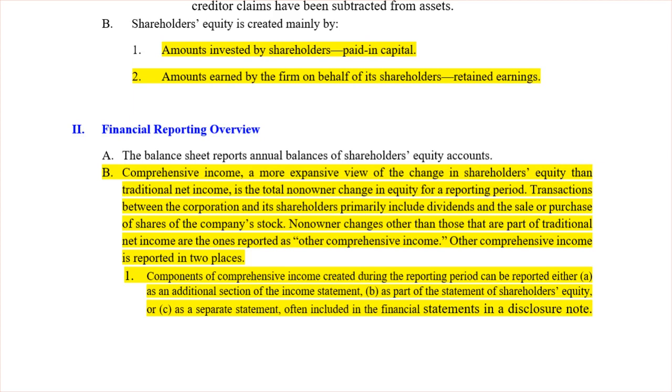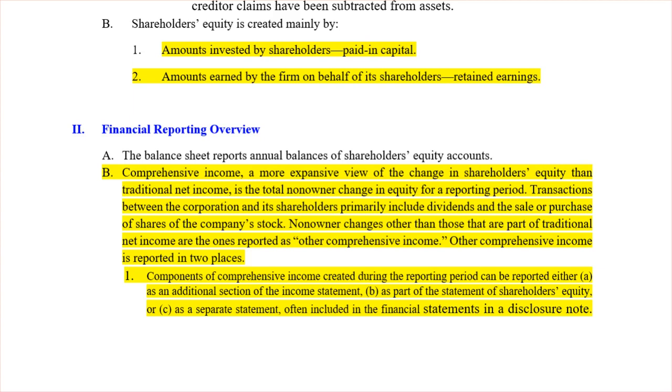The definition, though, is pretty nice to read here. It says comprehensive income is the total non-owner change in equity for a reporting period. So comprehensive income includes traditional net income, or what we call net income, the earnings of a company, but it also includes the OCI items. And OCI is just kind of a thing that's floating out there, right? I don't like the theory, the fact that it doesn't make our theory of accounting very cohesive.